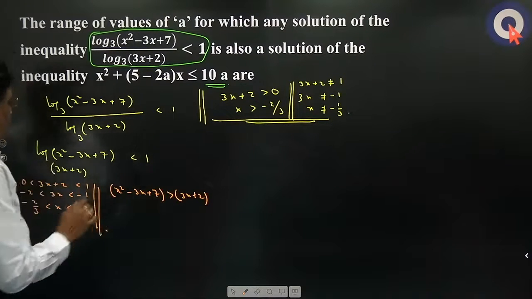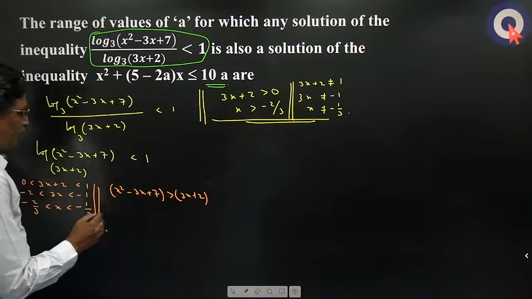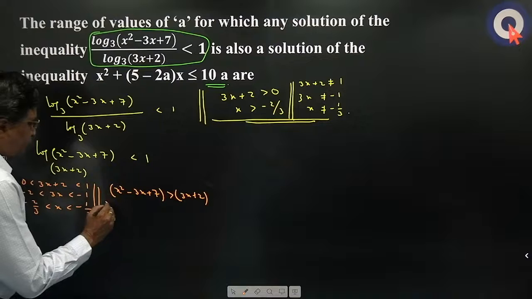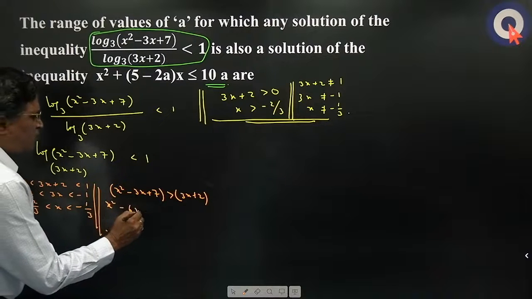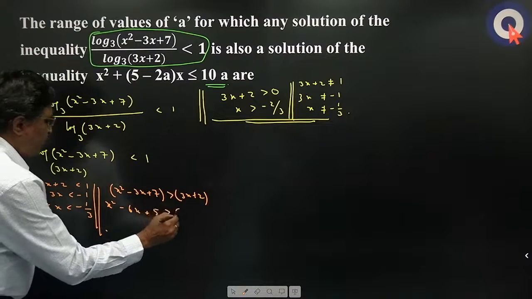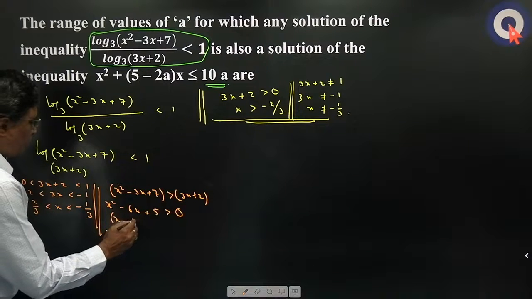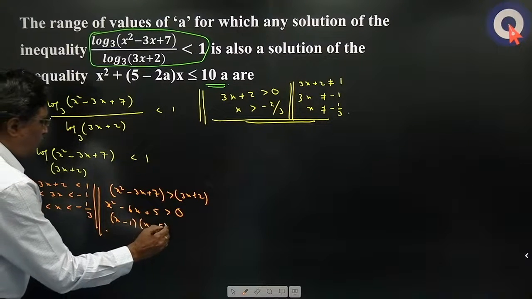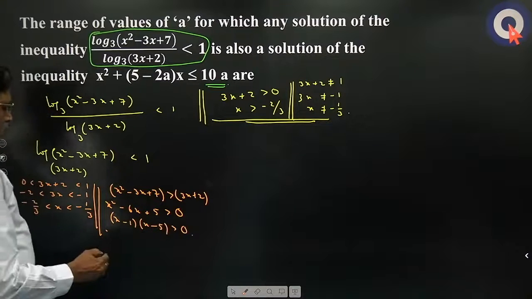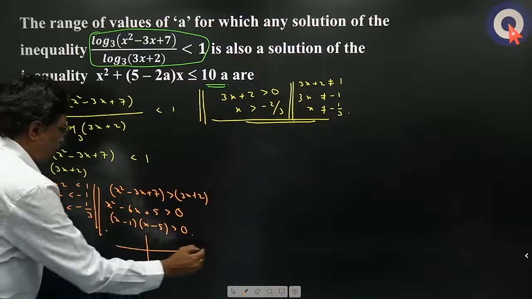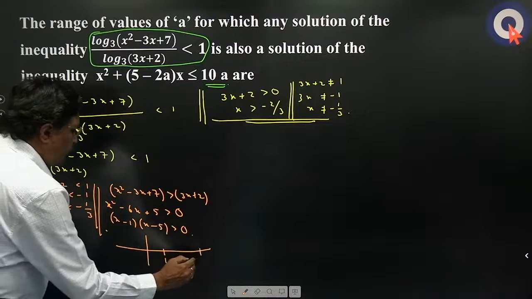The inequality symbol is reversed because it is a decreasing function. So x² − 6x + 5 is greater than 0, and from this we get (x − 1)(x − 5) greater than 0. That means x does not lie between 1 and 5.